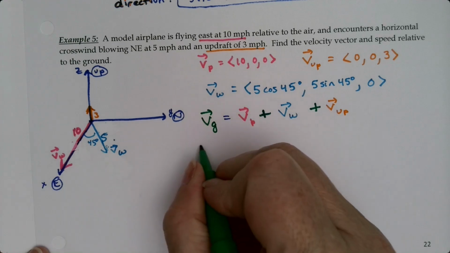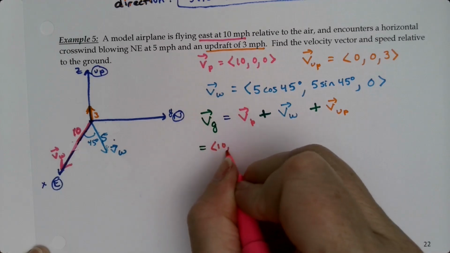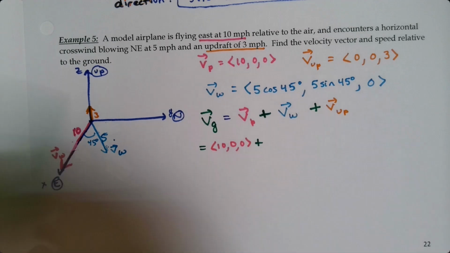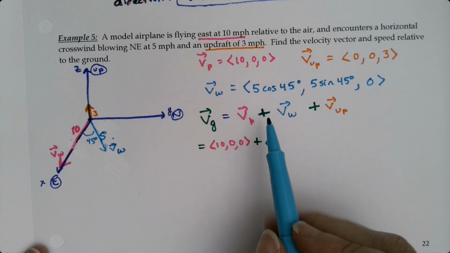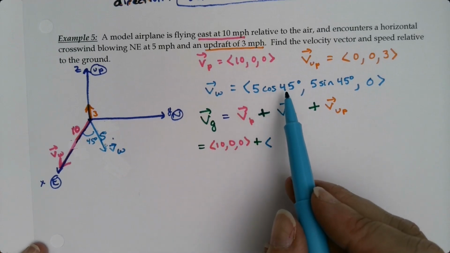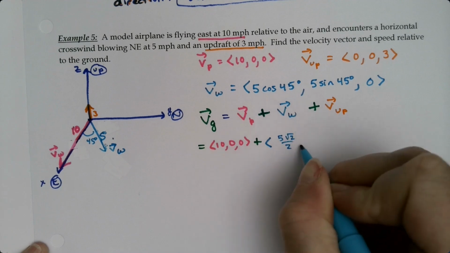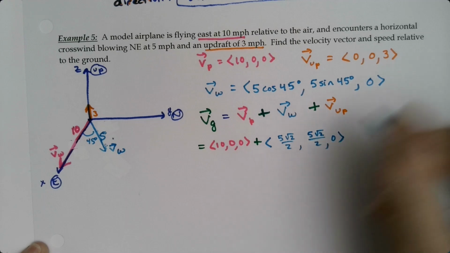So the velocity is 0, 10, 0 plus, well, okay, the cosine of 45 degrees is the square root of 2 over 2. So this is 5 square root 2 over 2, 5 square root 2 over 2, comma 0. We actually know what that is.